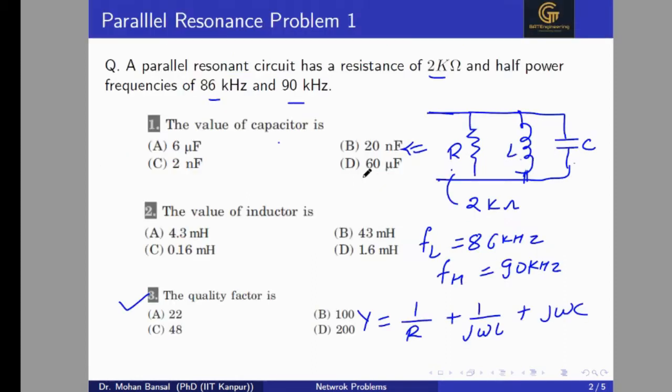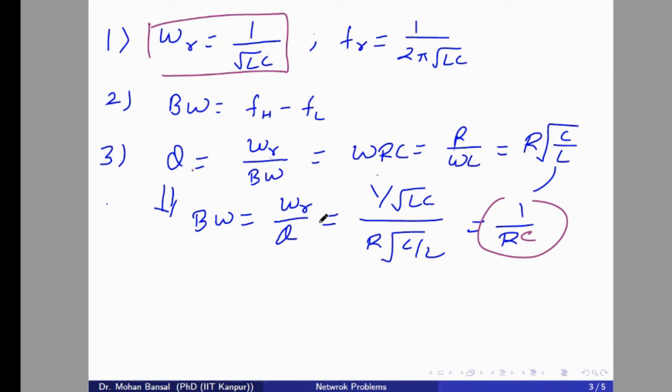In the first problem, we have been given the value of the resistor and the frequencies FL and FH. We will find the capacitor C first. Here you will understand how we can find the value of C. We can find the bandwidth from FH and FL, and in this case the bandwidth will be 90 minus 86, that is 4 kilohertz. But we require the bandwidth in radian per second.